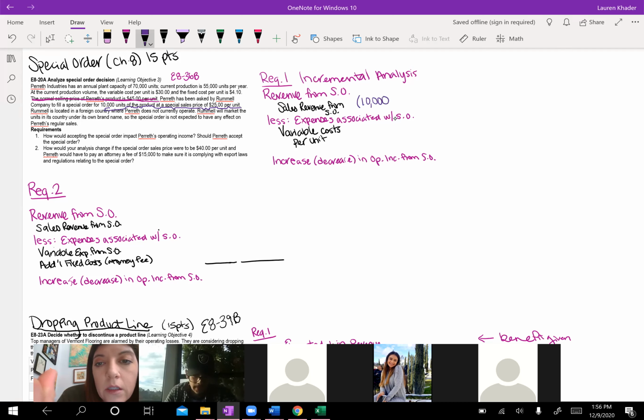10,000 units, which if you notice, when you add 55,000 to 10,000, you're still under your max capacity, times $25 per unit special order selling price.